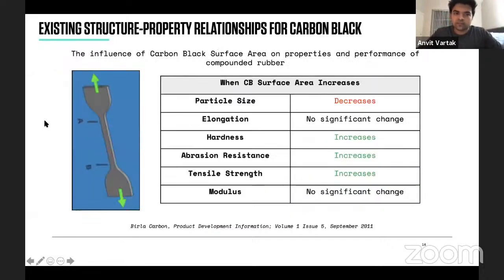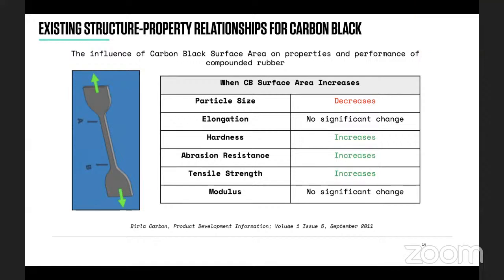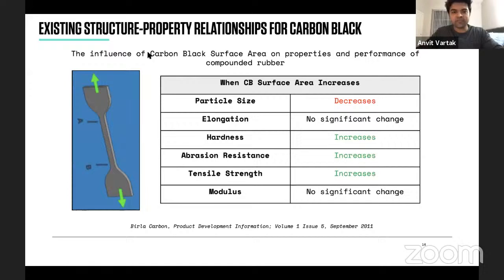There are different testing methods that show you the properties imparted by different structures. So now we are in the properties section: the properties of reinforced rubber, the properties of your tire after you add the carbon black, and what happens when you either increase or decrease the particle size.